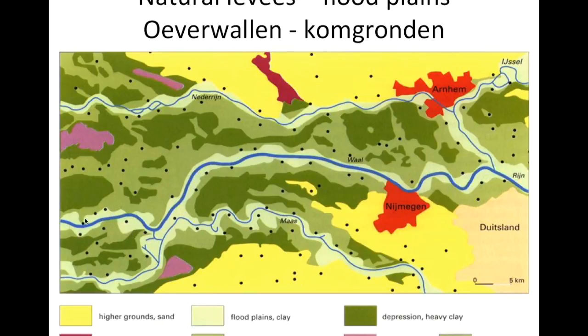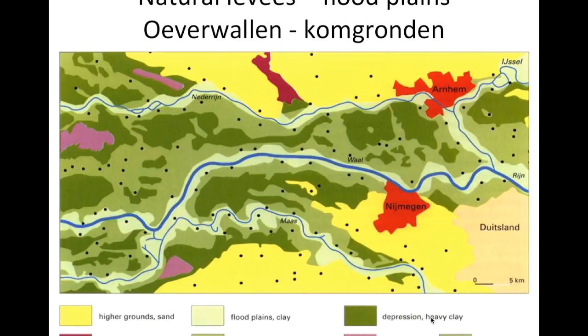And close to the canals, of course, we find the natural levees, the creek ridges, as they are called. These are made mostly of sands, and of course there are some clays mixed in, but let's say that they're called sandy clays. And then the further you go away from these canals, the more likely you'll find the heavy clays.